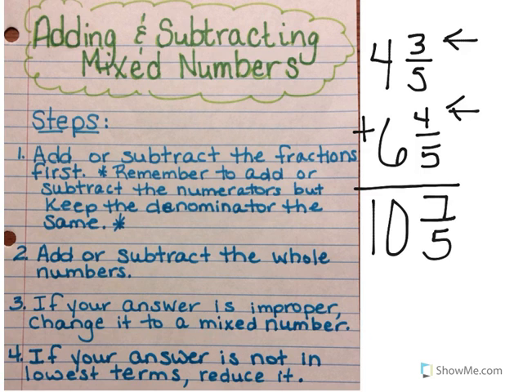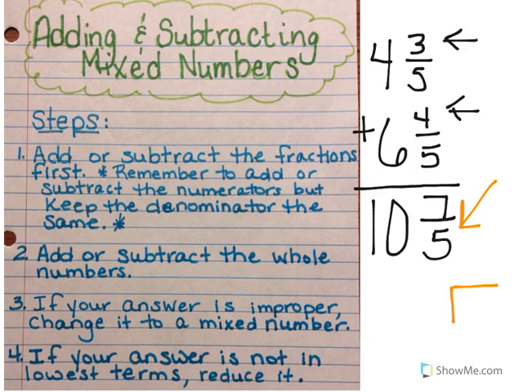Now I have to ask myself 2 key questions. Is any part of my answer an improper fraction? And I can see right here that 7/5 is an improper fraction. I don't want to leave it that way, so I'm going to change that. Remember, we did this in a previous lesson already.